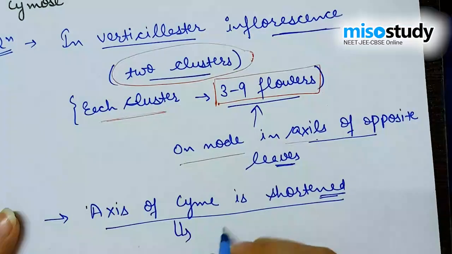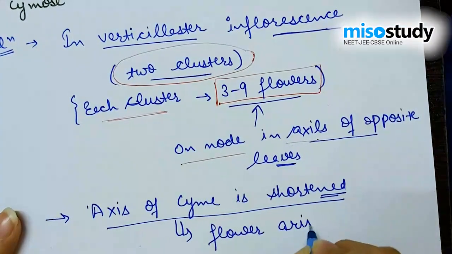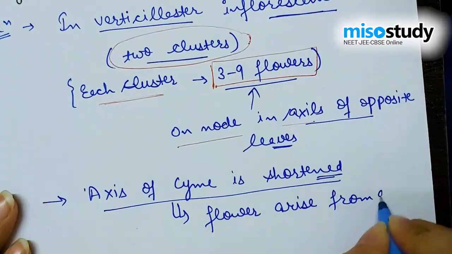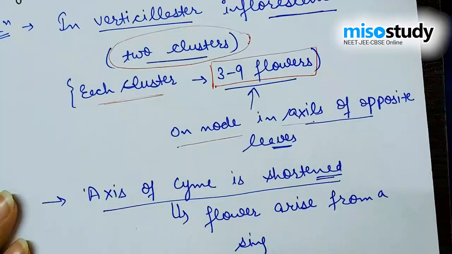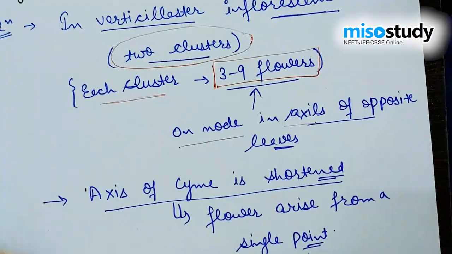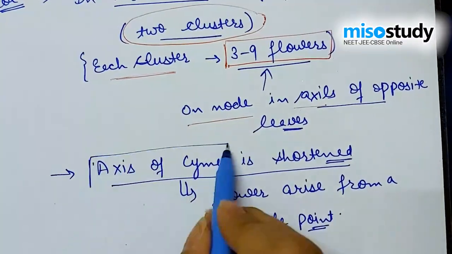That's why the flowers arise from a single point in the case of the axis of cyme.